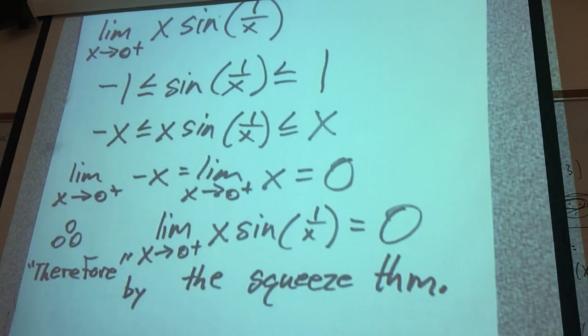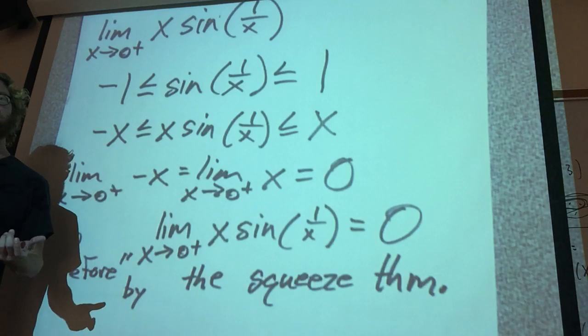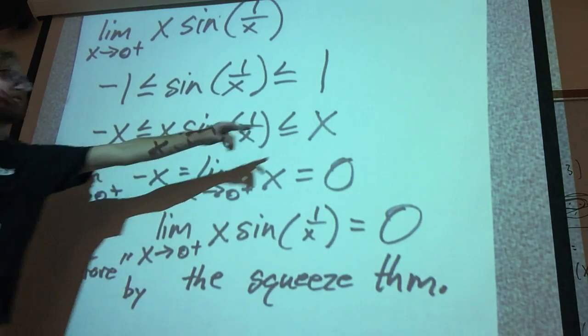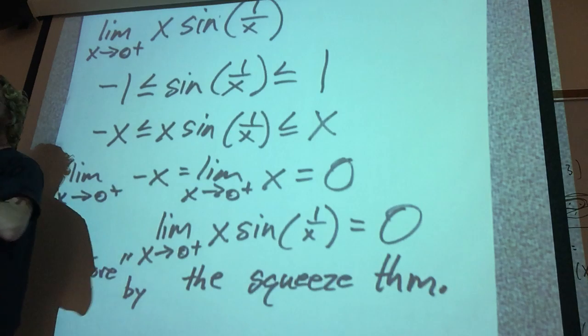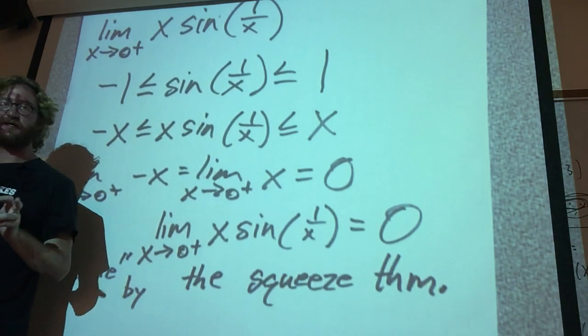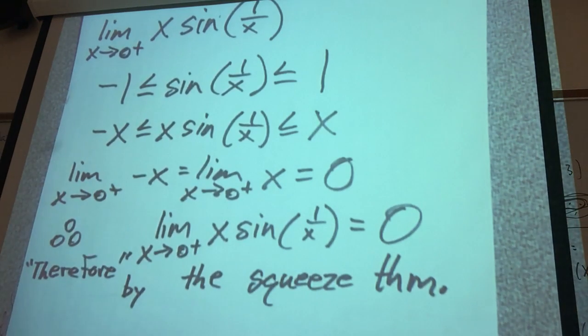All right, so we begin with our natural inequality involving sine of 1 divided by x. If I multiply everybody by x, and both of those bounding functions go to 0, therefore the guy in the middle has to go to 0. But what is the graphical interpretation of this? We have an x right here and a negative x right here, but the guy in the middle is oscillating like crazy.